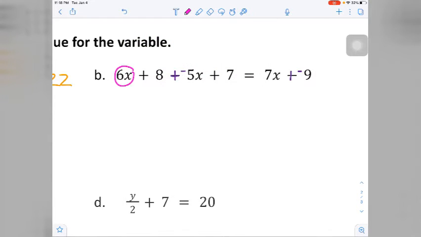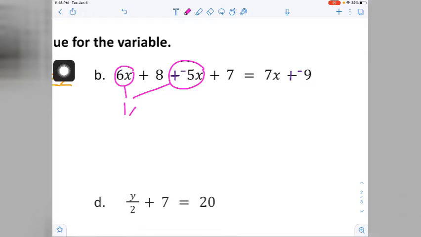So then you have combining like terms. There's no distributive property to do. So my next move is going to be to combine like terms. On the left side, I have 6x and I am adding that to negative 5x, which is equal to 1x.